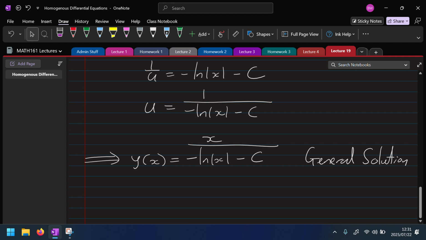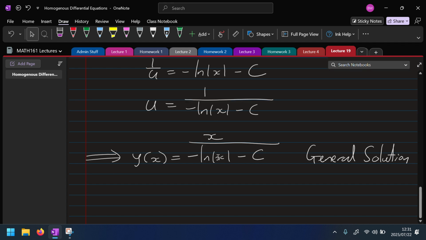Okay. So later, if I say y of 1 is 0 or something like that, then you could solve for c. Right. Any questions on this? All good. Okay.